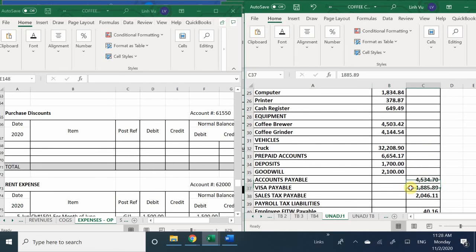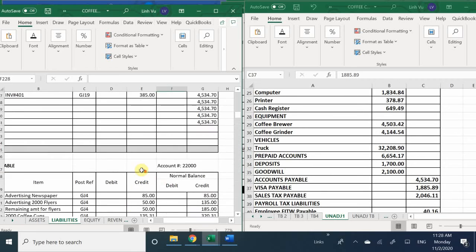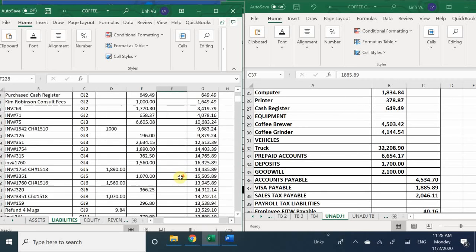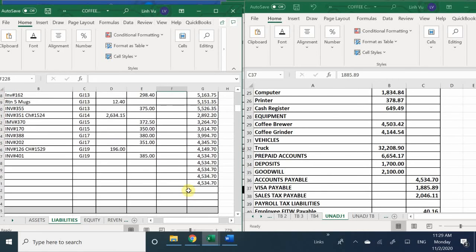How about the accounts payable? Was it my accounts payable that I messed up on? All right, I got my accounts payable as 5445.34.70, the same.